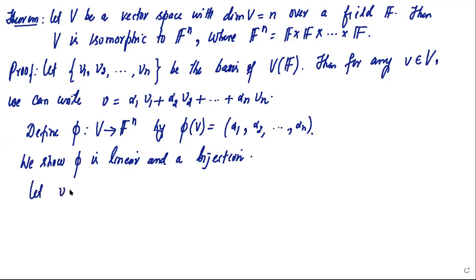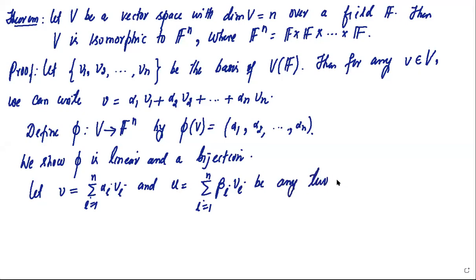Let V be equal to summation i from 1 to n alpha i Vi, and suppose U is equal to summation i from 1 to n beta i Vi, be any two vectors in V.